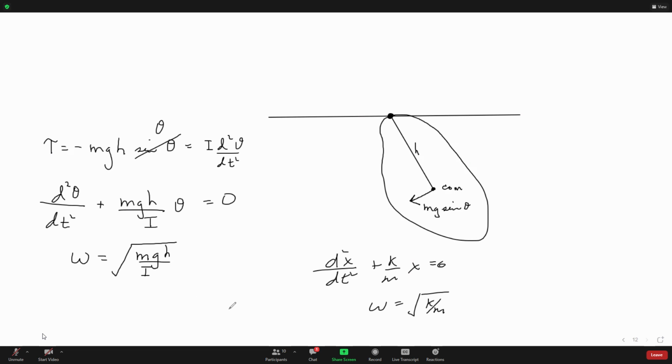Now, let's ask this question. What is the length of a simple pendulum of the same mass m, although mass doesn't actually matter? What is the length of a simple pendulum that has the same frequency as the physical pendulum?